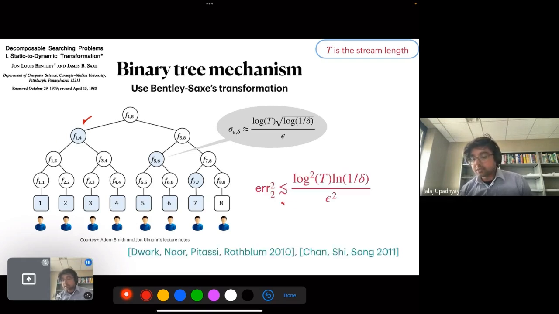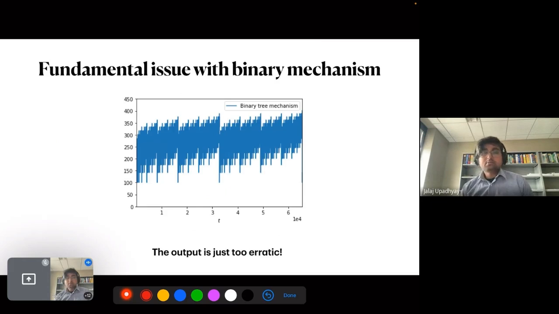You get an error which goes like log squared T times log 1 over delta. The thing pointed out in Denisov et al. was that the binary mechanism has a very bad property: erratic noise addition. When you're using it in practice, it's a problem, because at one point you have error which is log T, and at the very next time step you have error which is constant, which does not depend on T at all.